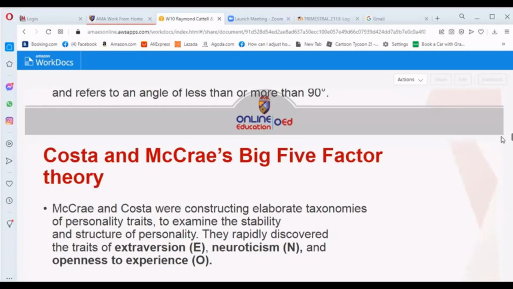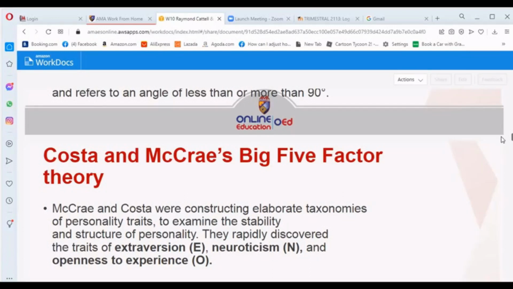McCrae and Costa were constructing elaborate taxonomies of personality traits to examine the stability and structure of personality. They rapidly discovered the traits of, first, extraversion or E, second, neuroticism or N, and O, which is openness to experience.